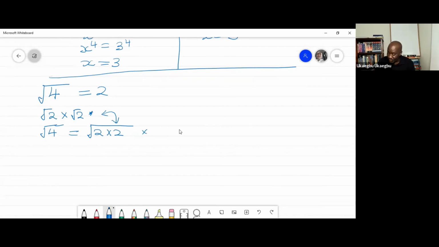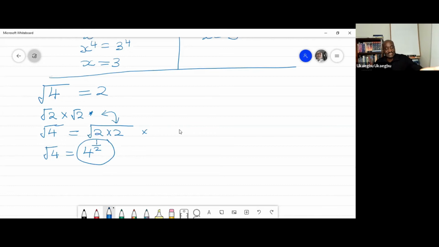Square root of 4 can be written as 4 raised to power 1 over 2. 4 raised to power 1 over 2 is exactly the same thing as saying square root of 4. This way is going to be very beneficial to us as we move on in dealing with rational expressions today.